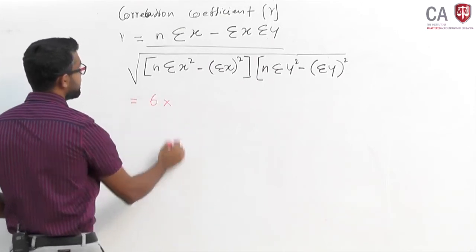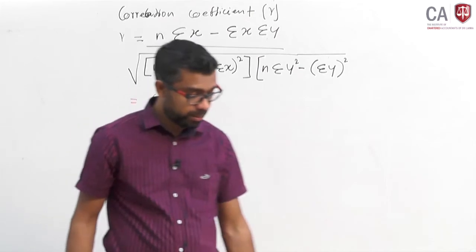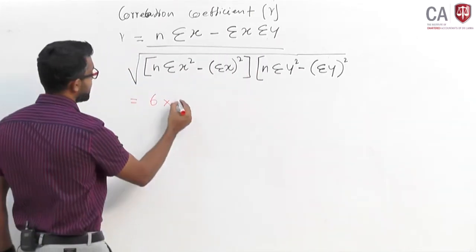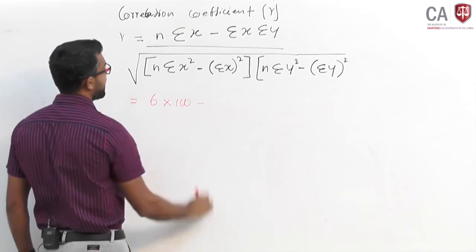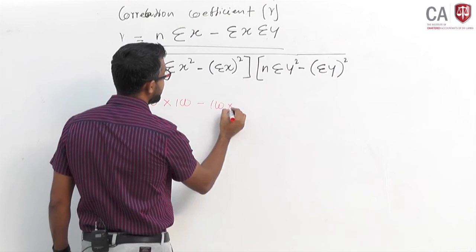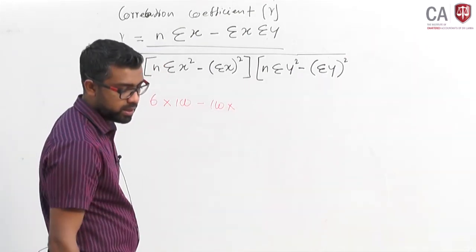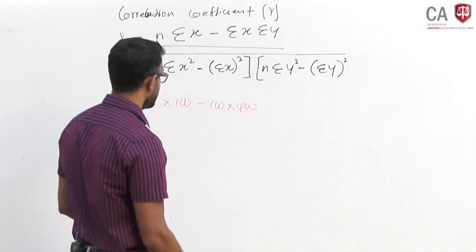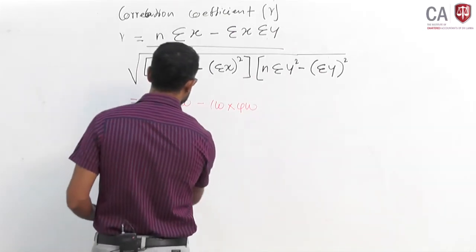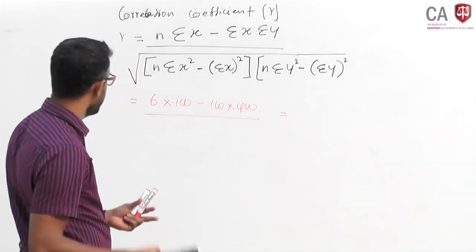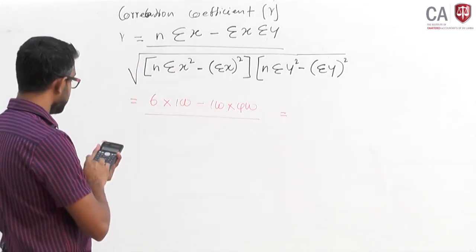N is 5. Sum of x was how much? Sum of x was 100, minus sum of x 100 into sum of y, which was 400, right? 400.